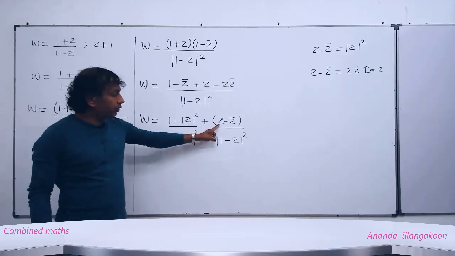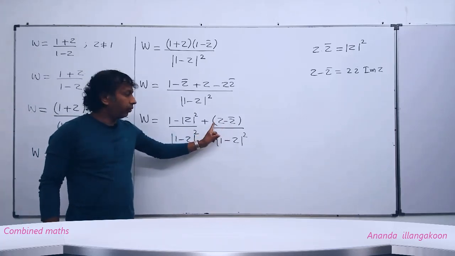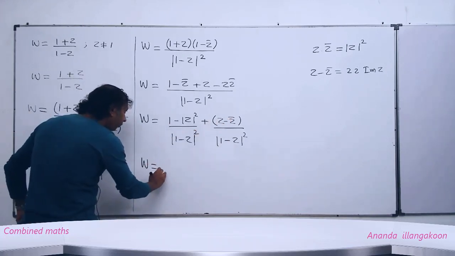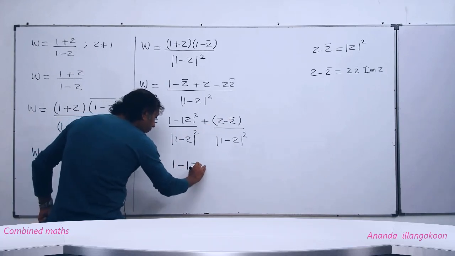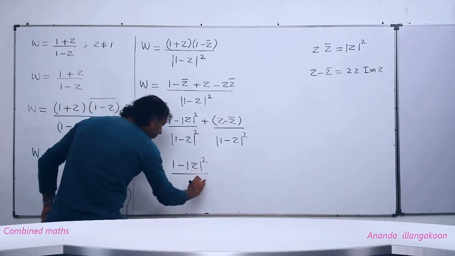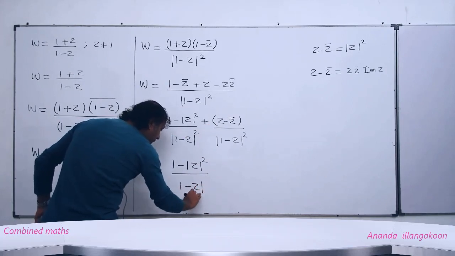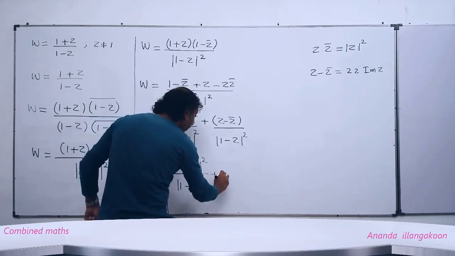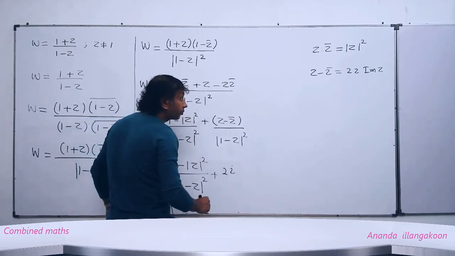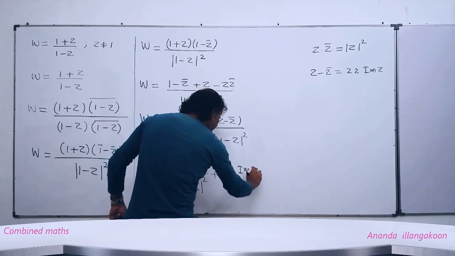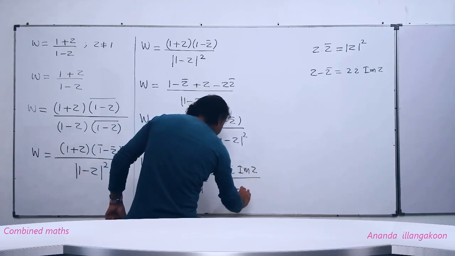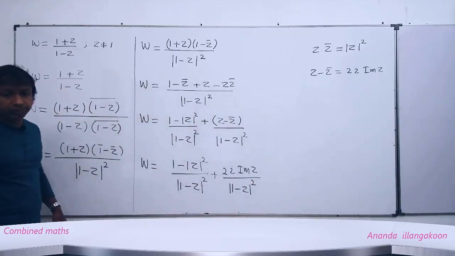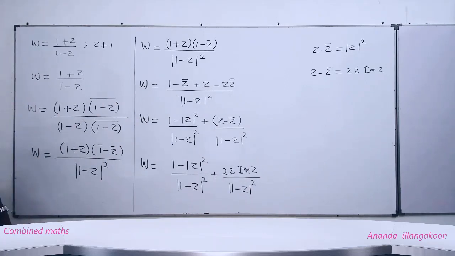So then I can write for this 2i imaginary part of z. So we have (1 minus mod z perfect square) divided by mod of 1 minus z perfect square, and for this one, 2 times i imaginary part of z divided by mod of 1 minus z perfect square. This way I can write it.